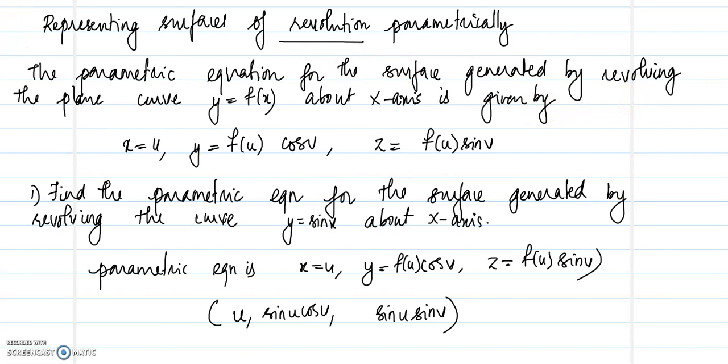Let us consider a curve, let's say y equal to f of x, about the x-axis. So suppose we are having a curve like this. So we have y equal to f of x. Now it is bounded by, say, x equal to a and x equal to b.